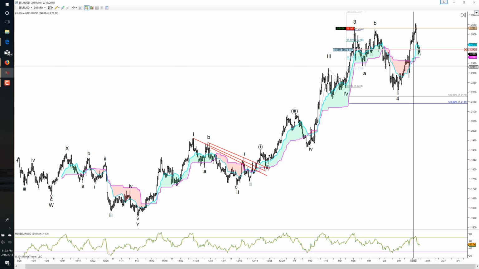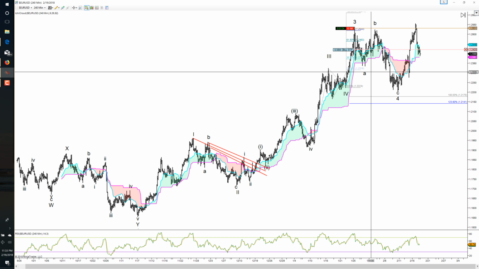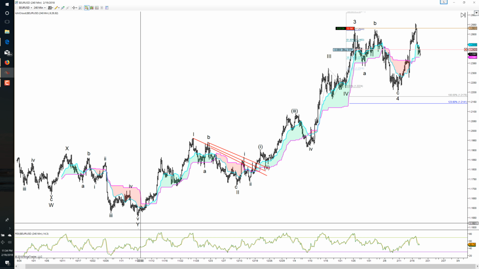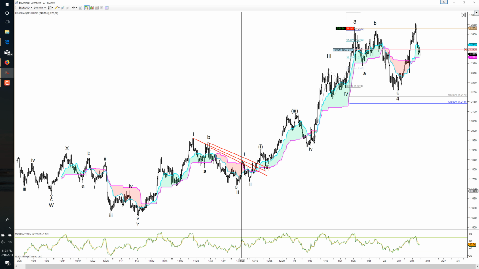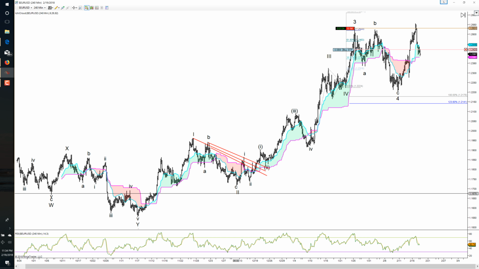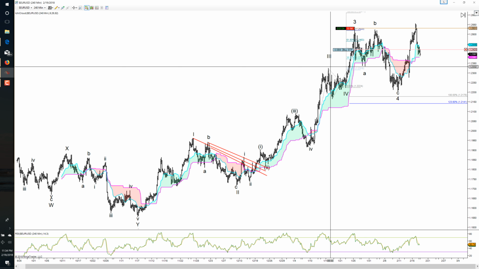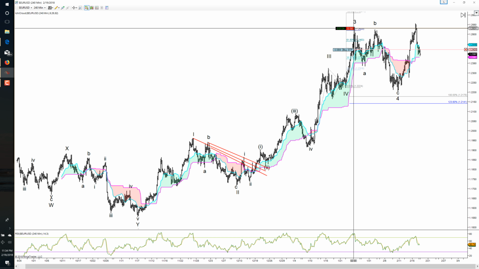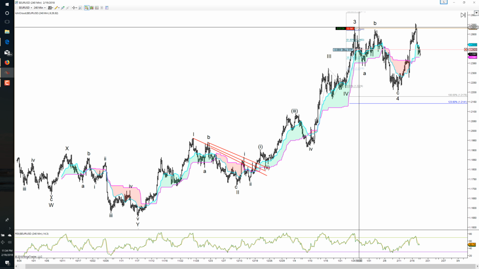So what I'm expecting, if I had to come up with a different count, if you started here back in November, this still can be the 1, this can be the 2, still can be the 3 here, the 4 can still be in place, and then this can be the 5.